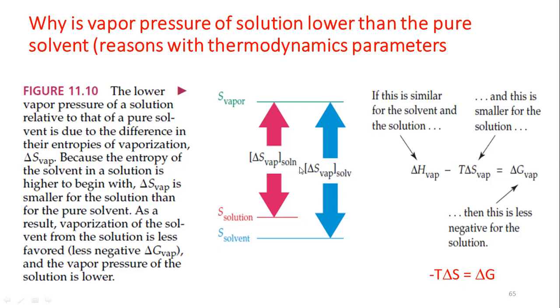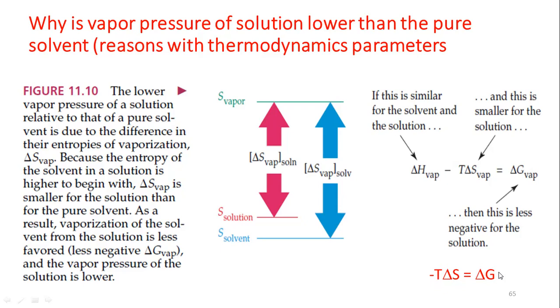As given over here, the change in entropy of vaporization is smaller for the solution as compared to the pure solvent. So if the solution has less change in entropy, and T is constant, then delta G, which is minus T delta S, would be less negative, because the change in entropy would be less in case of the solution.